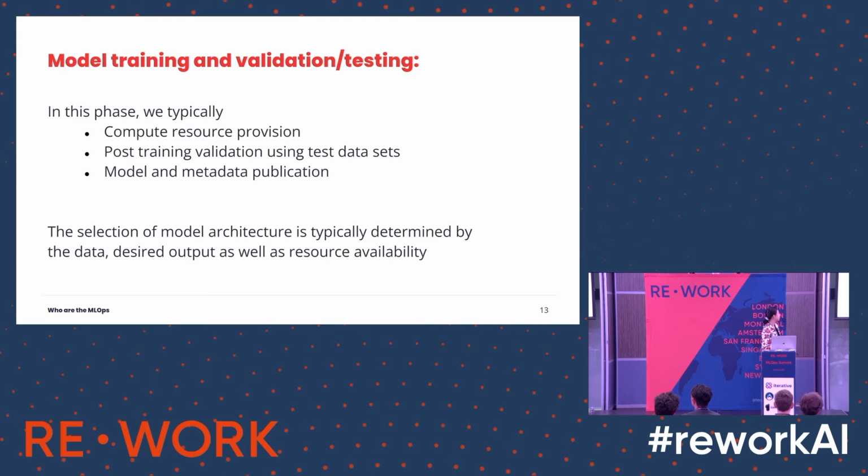So during the model training and validation/testing stage, from the MLOps perspective, we compute the amount of resources they need. For instance, if you have a data set of 1 billion rows, the input size is this much, we provide these things on demand for you.